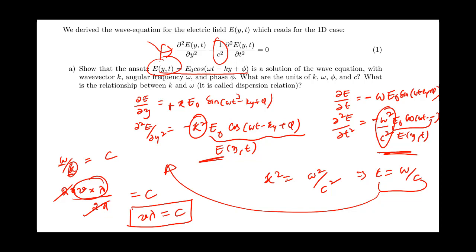And that should be the relationship between omega and k, that omega by k is equal to c, right? Yeah, so this is called the dispersion relation. Dispersion relation is relating how the frequency and the wave vector are related to each other.